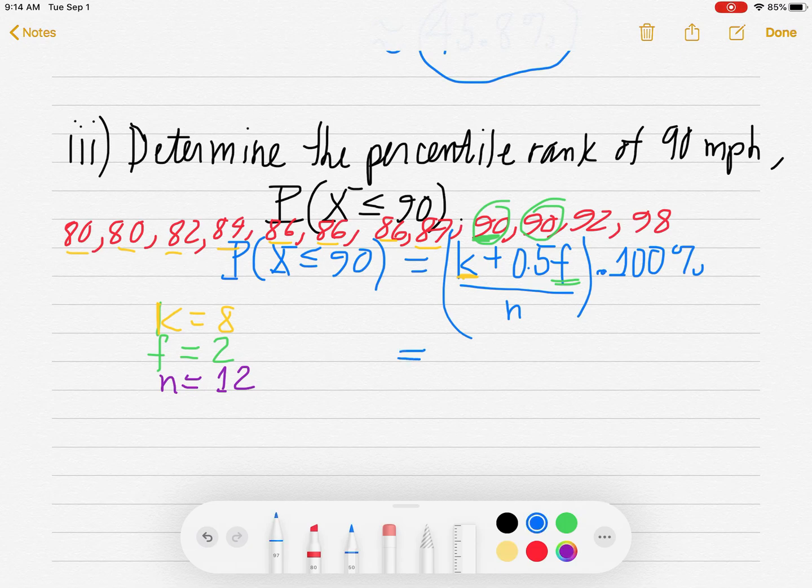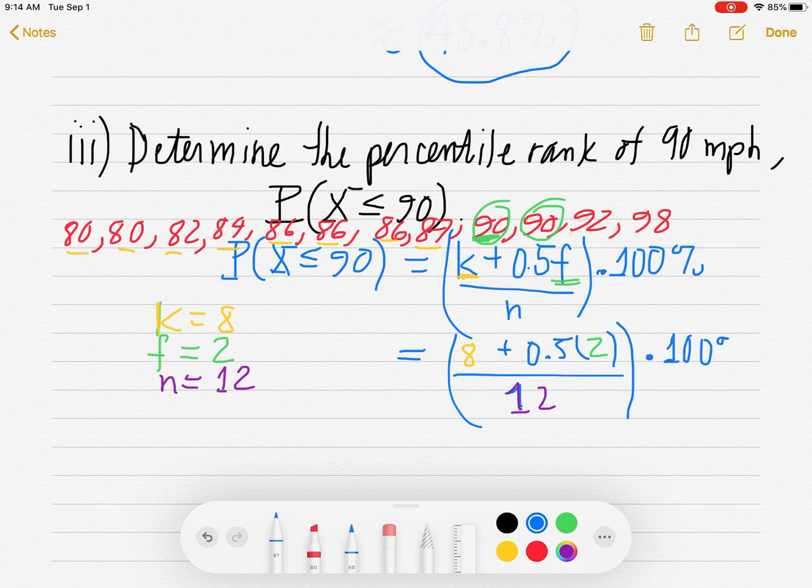But let's plug everything in and see how it turns out. So I've got 8 plus 0.5 multiplied by 2. Oh, that's going to be divided by 12. Purple 12, right? Times 100%.